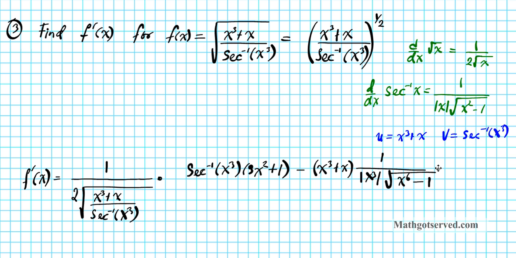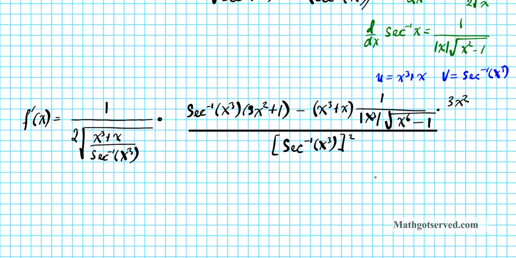And then if we differentiate x to the third, that's simply going to be 3x squared, applying the power rule to x to the third. So this is vu prime minus uv prime. Don't forget the denominator, this whole thing divided by v squared. That's going to be the arcsecant of x to the third, that's v, so we're going to square that. Okay, so that's the derivative.